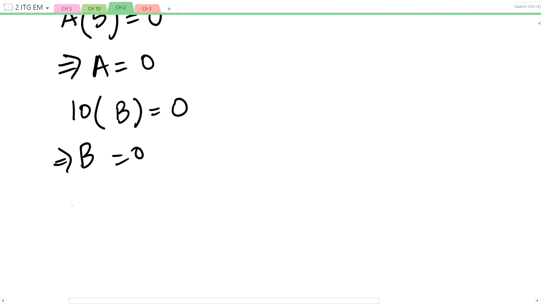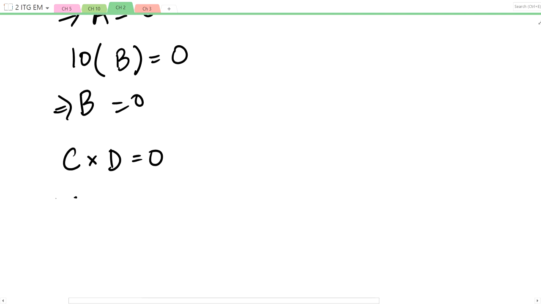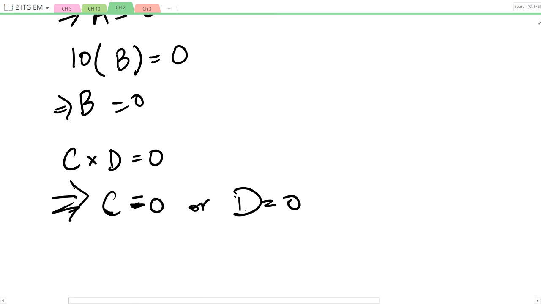What if I tell you that c times d equals 0? One of them is 0. Okay, so c equals 0. Do you agree? It's either c equals 0 or d equals 0. Do you agree? It must be one of them, right? Maybe it's both. I don't know. But definitely one of them can be equal to 0.